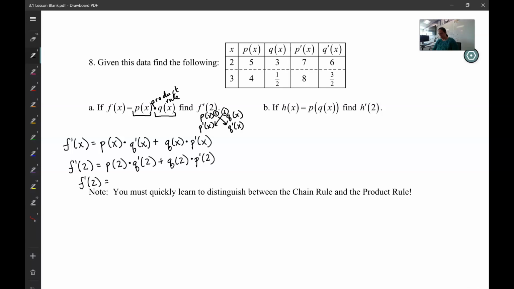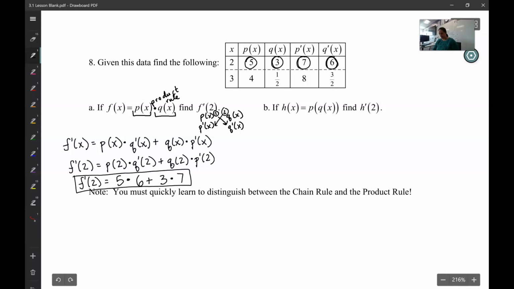So p of 2, right there, would be 5 times q prime of 2 would be 6 plus q of 2 would be 3 times p prime of 2 would be 7. And you can simplify that, but once again, you don't need to. One of the beauties of AP Calculus.